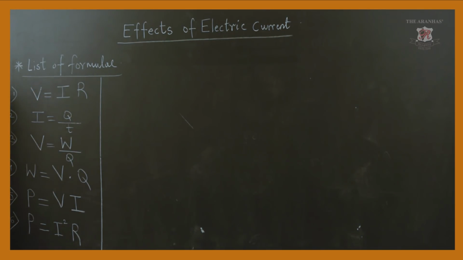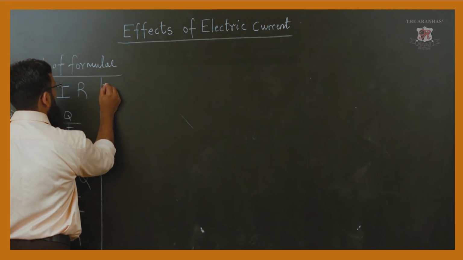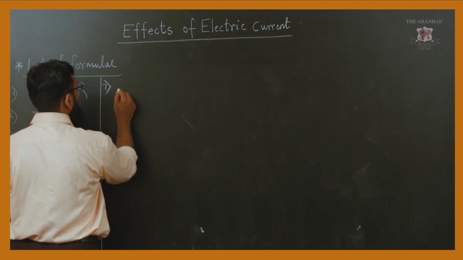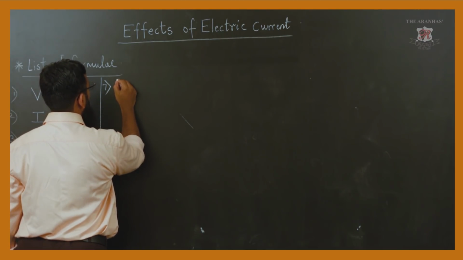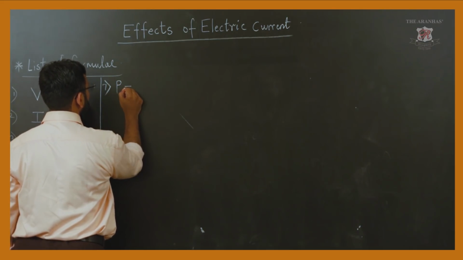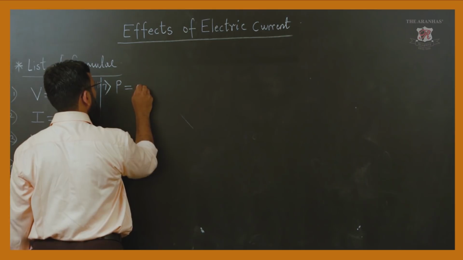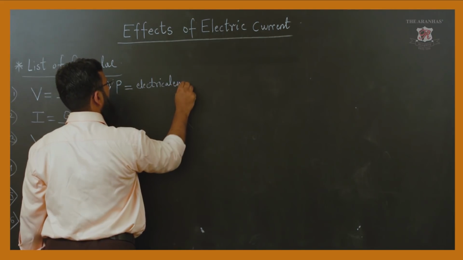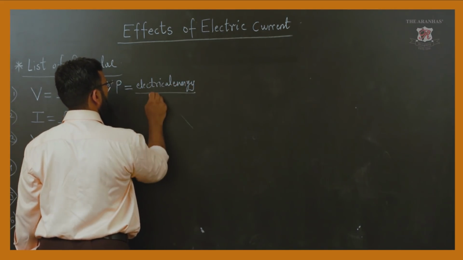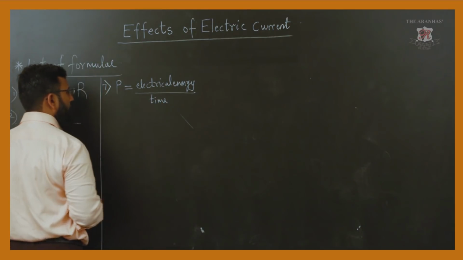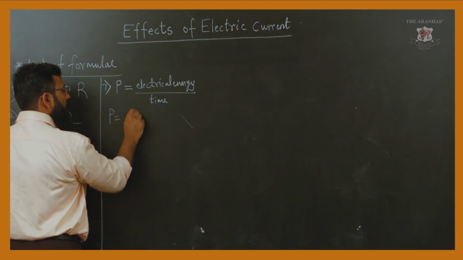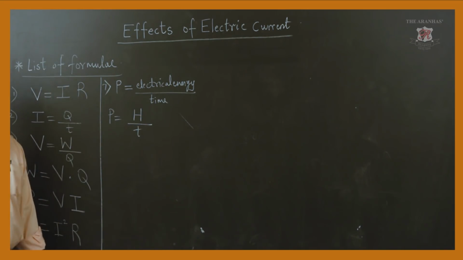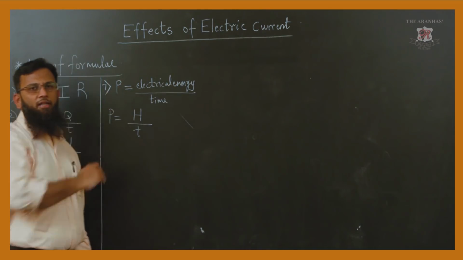Then the applied formulae, which are obtained by using these basic formulas, were like: power is electrical energy per unit time, and that electrical energy is converted into heat. As we have seen yesterday, energy can be converted from one form to another.